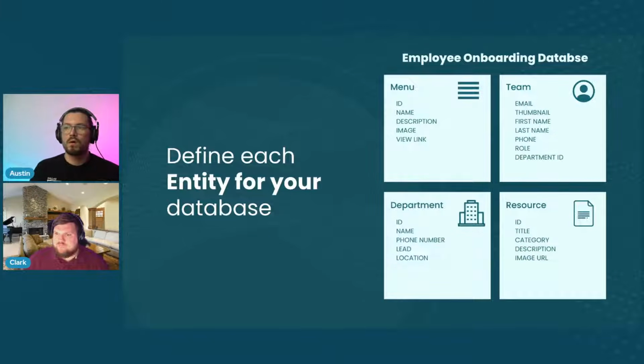We have a menu table, a team table, a department table, and a resource table. And if you were with us last week, Cameron showed you how to make a category table and make an advanced resource categories view. So we'll look at that and how to structure the UX portion of that a little bit more today.